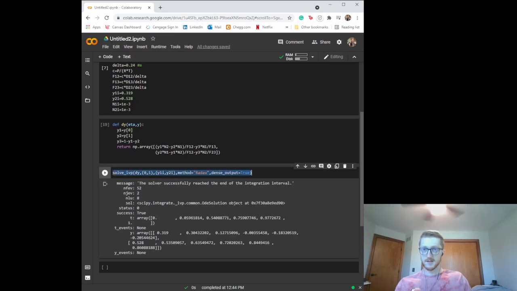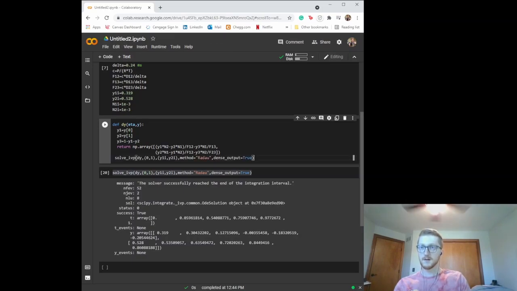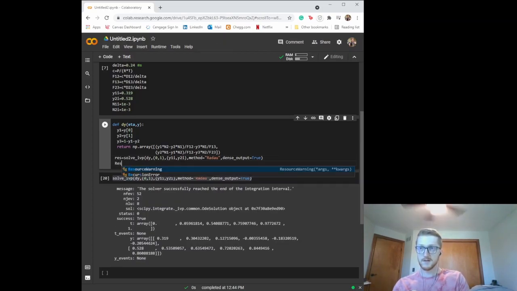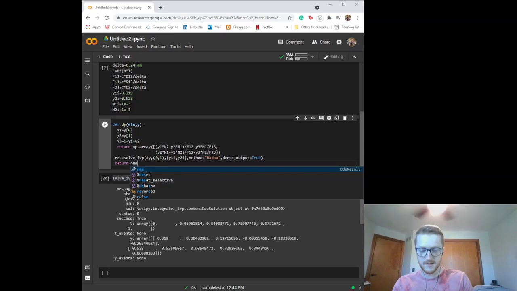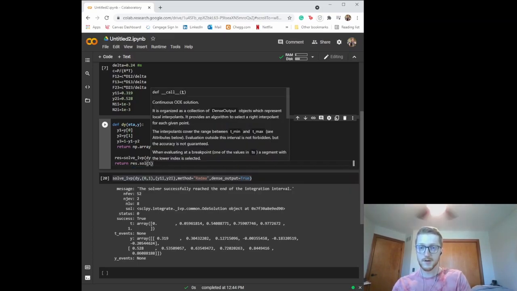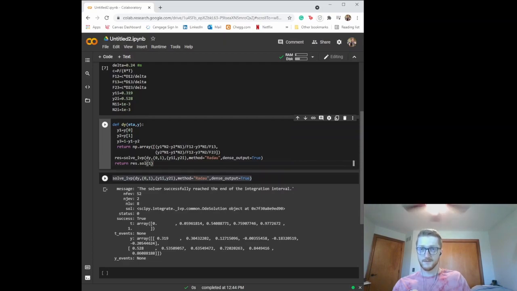So first let me put this in this function, and we're just going to call this variable res, and what we can do is evaluate our initial value problem at res.sol at 1, and what this is going to do is solve for your mole fractions at eta equal to 1, which is when the values should equal 0.